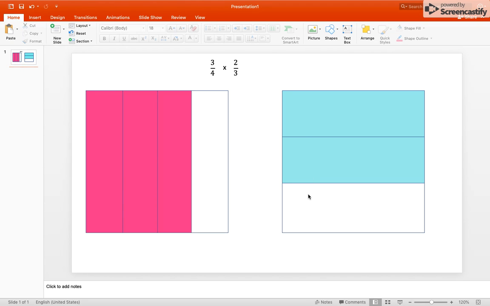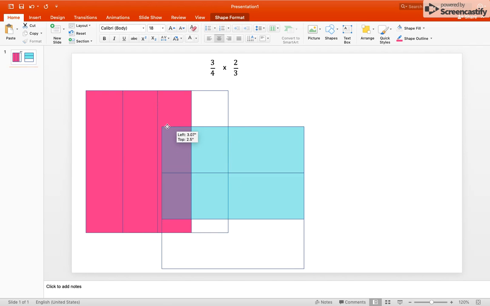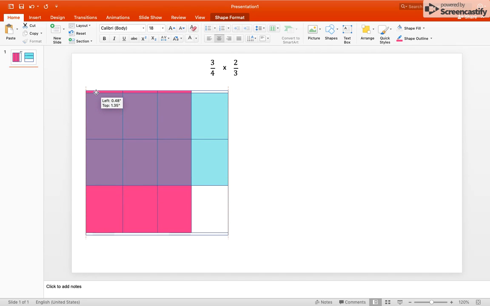Now, in order for this method to work, you have to be showing your fractions in opposite directions. So for this first fraction, 3/4, I made my fraction vertically, and then for 2/3, I made my fraction horizontally. So all you do, once you have your two fractions, is layer them over each other. So right now I'm starting with 3/4, and then I'm taking 2/3 of that 3/4.